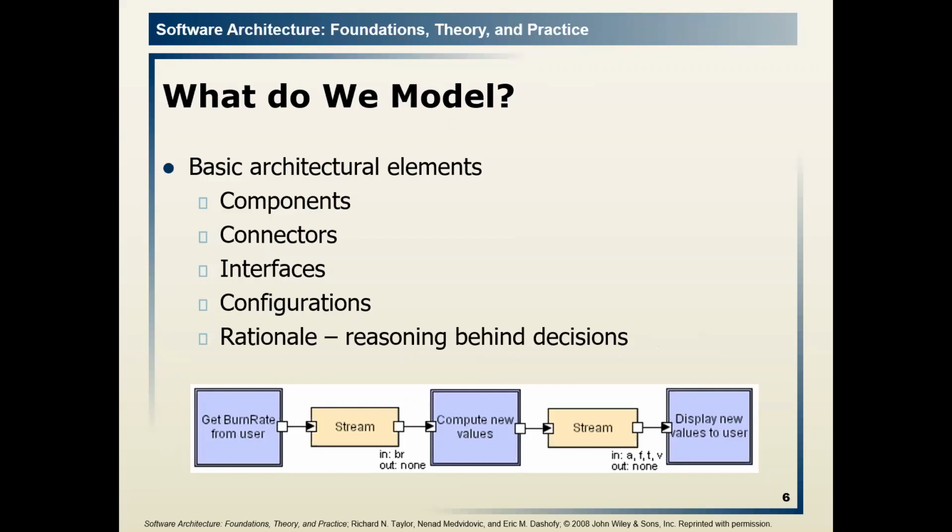So for example, if you have a get burn rate from the user component, which is running on the client machine, maybe on a web-based application as a website, using Java applets or HTML5 or Flash or some animation, then you have to justify why you are doing it that way, and why that particular model, right?